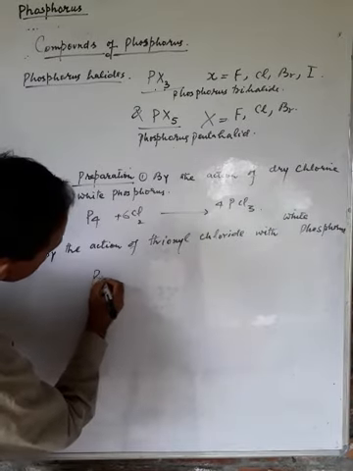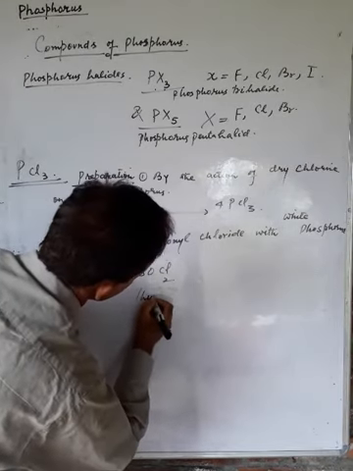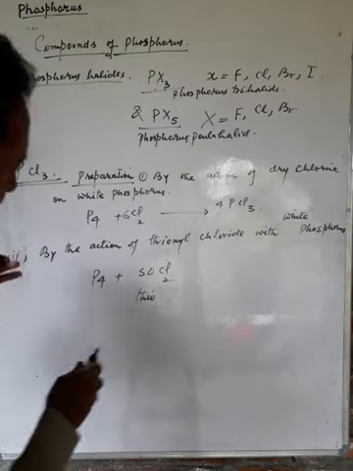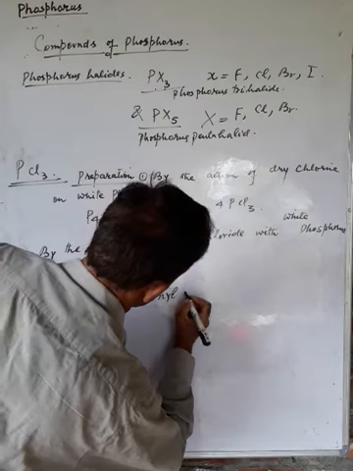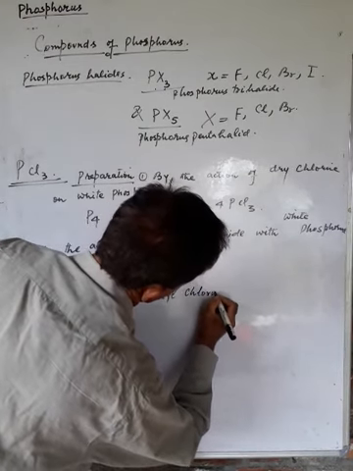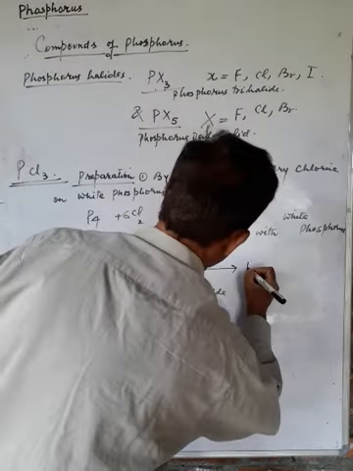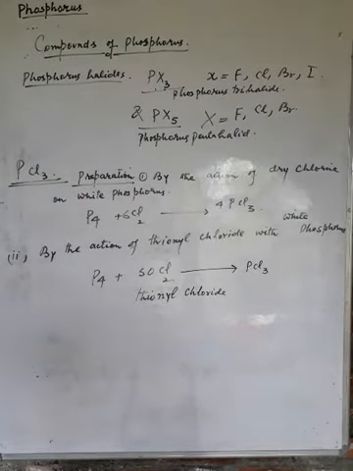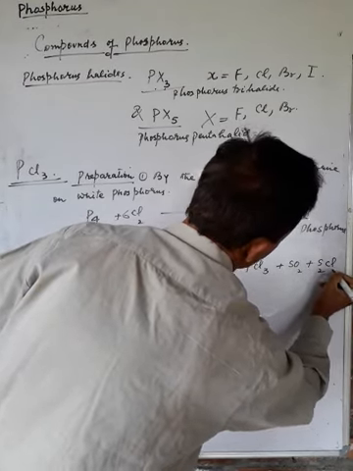So P4 plus SOCl2, this is thionyl chloride, it forms PCl3 and SO2 plus S2Cl2.